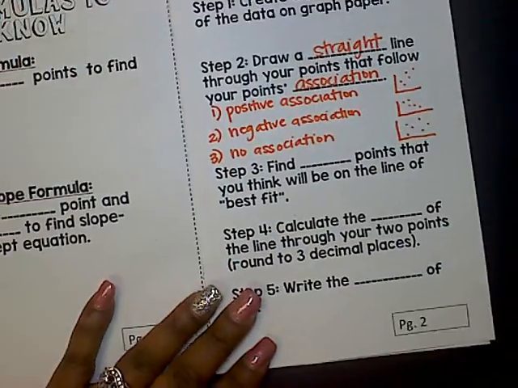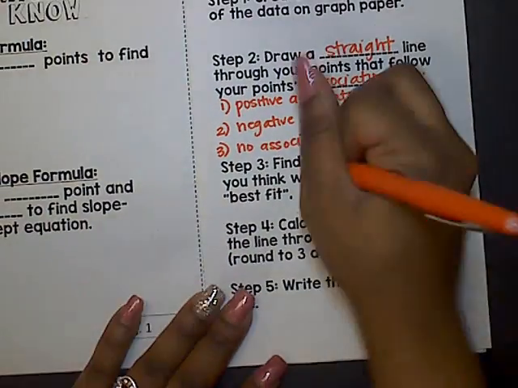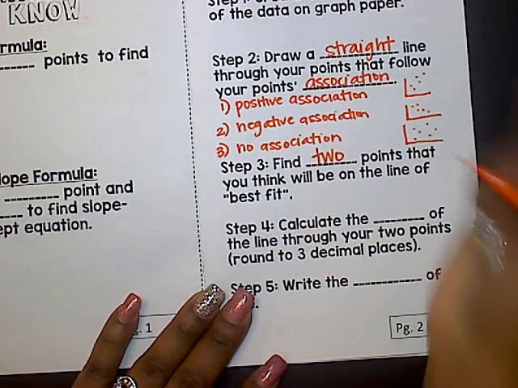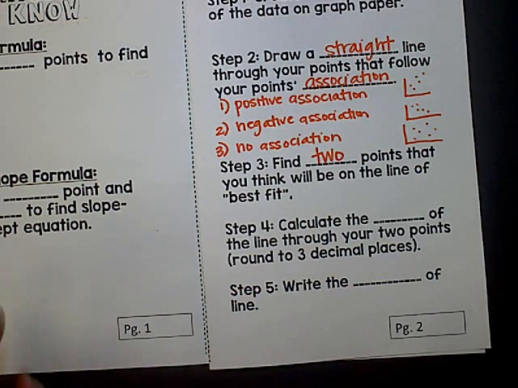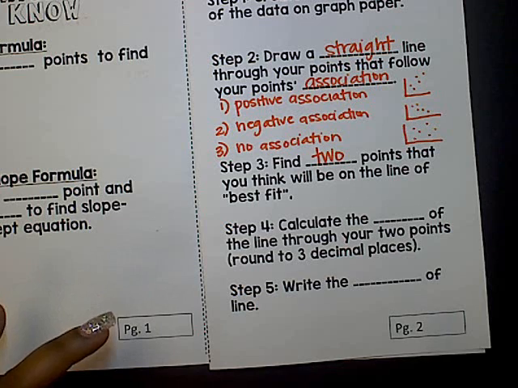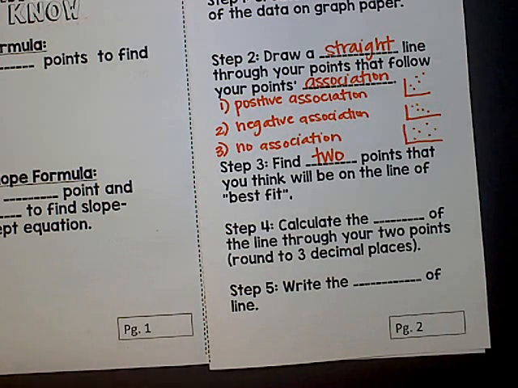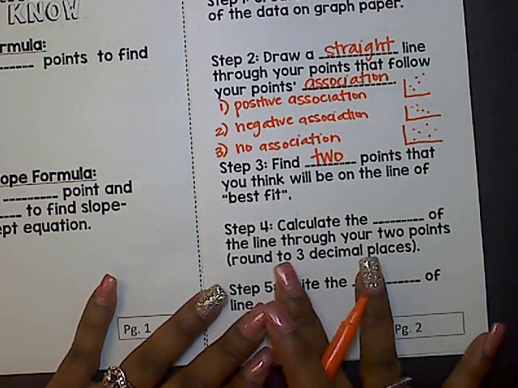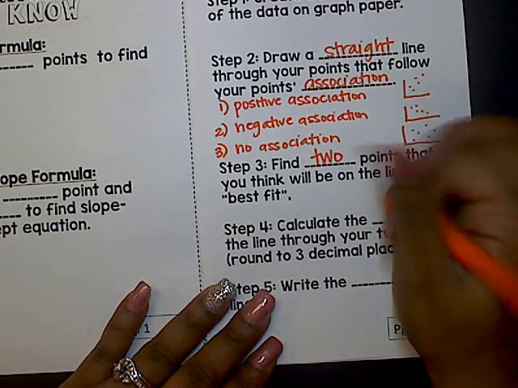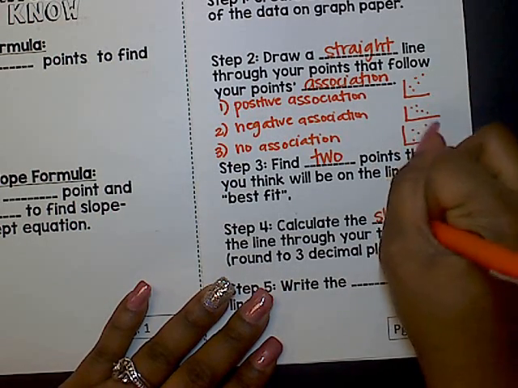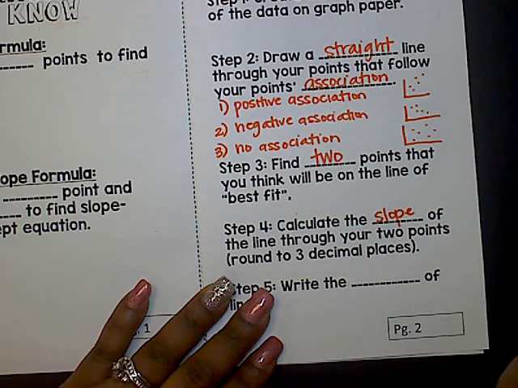Okay? So then step three, we're going to find 2 points. That's why I said 2 is always best, that you think will be on the line of best fit. So before you draw that line, find points that you'll be able to go through. You need at least 2. We're going to calculate the slope of the line through your 2 points.